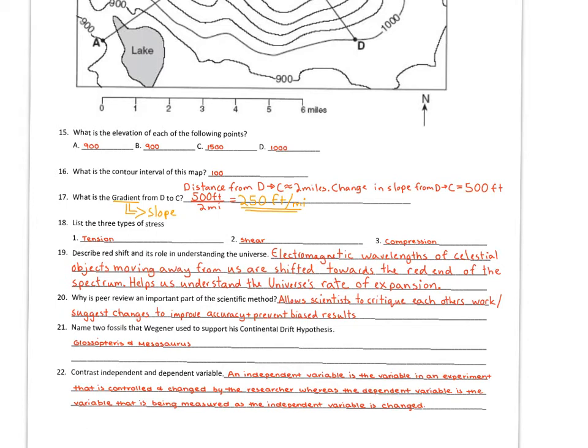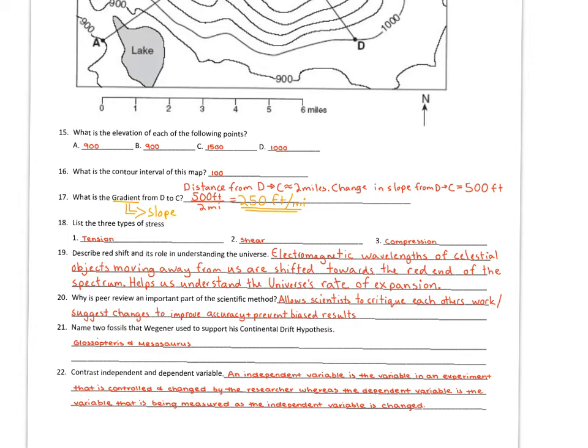You're saying, how do I get feet? Because the map scale at the bottom says miles. So then you just need to figure out the distance between the 2 points. And if you use the map scale, you'll be able to figure out that the distance is approximately 2 miles. 500 feet over 2 miles gives you a gradient of 250 feet per mile. Can I get it too easy?